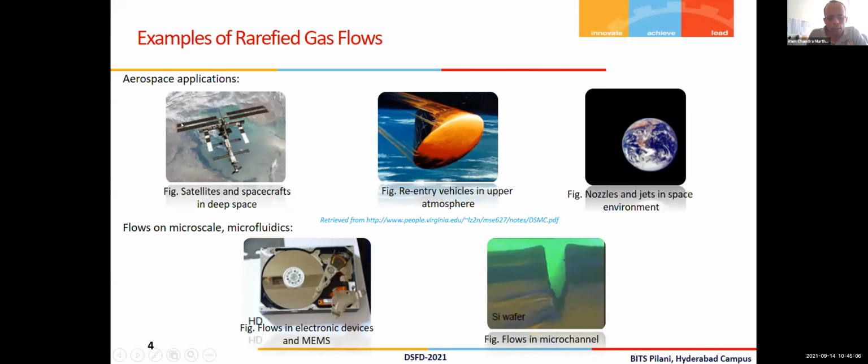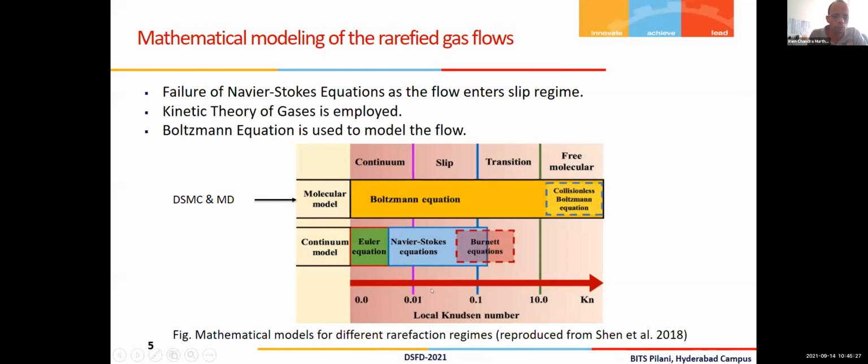So if you talk about aerospace application, the flow is already rarefied in the sense that the density of the flow is very less. So the Knudsen number is very high there. And if you go to microfluidics or nano flows, more particularly, there the Knudsen number can be high.